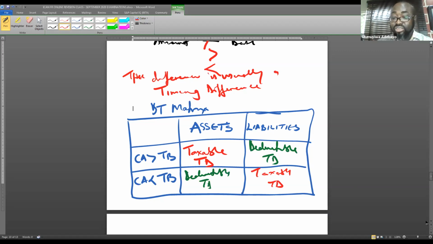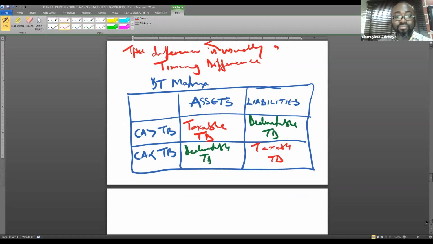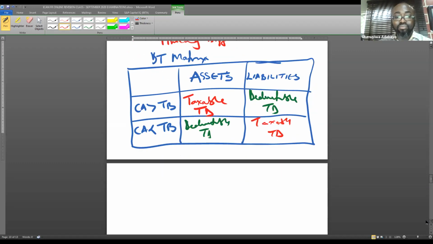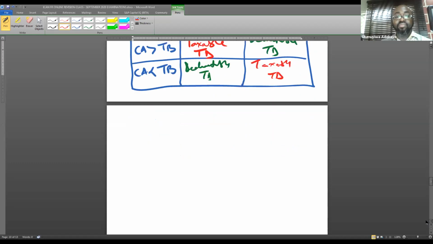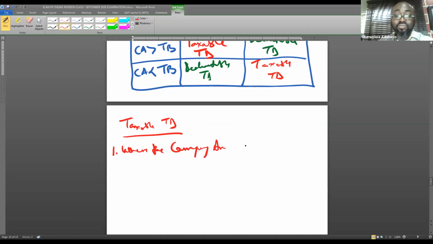Which means that in summary, I'll tell you that I have a taxable temporary difference under these two conditions. One, where the carrying amount of an asset is greater than the tax base.